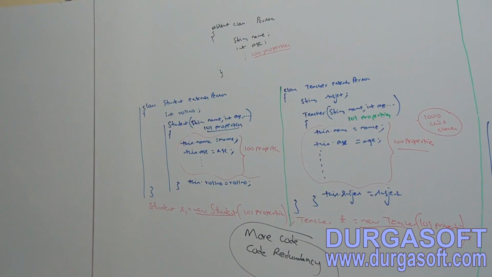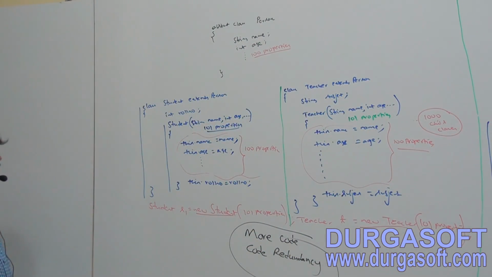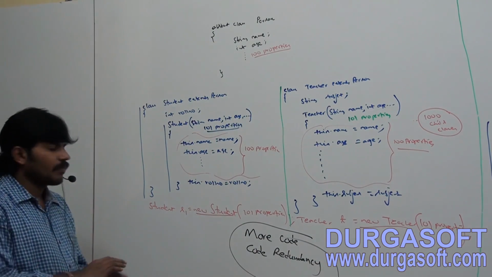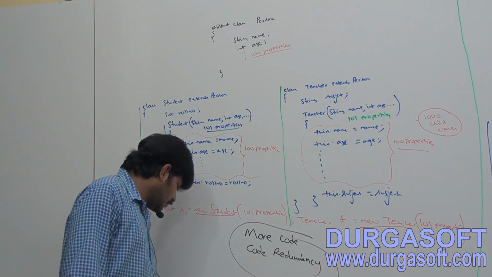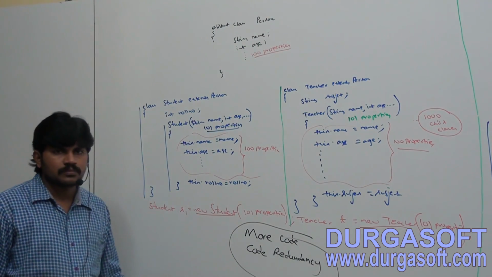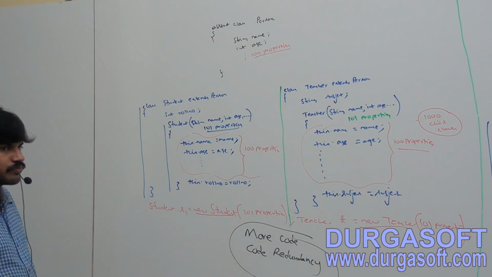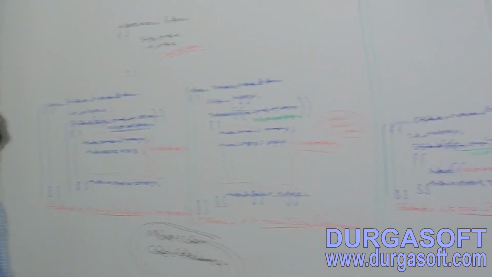Completed, right? Okay, clear, I hope. 101 properties, completed, right? Up to this. Next, keep submitting.